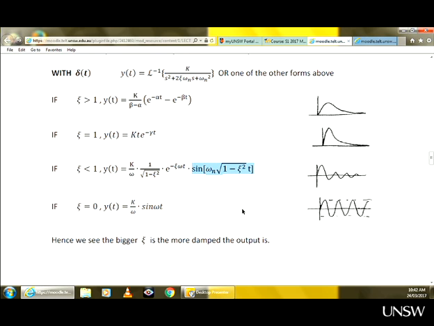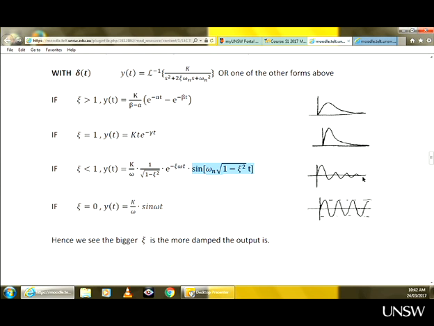Well, that means that we have a sine, but the amplitude is not constant. The amplitude is decaying towards 0. So the first amplitude will be the biggest, and then the following amplitudes will be smaller and smaller until they become 0. Okay.